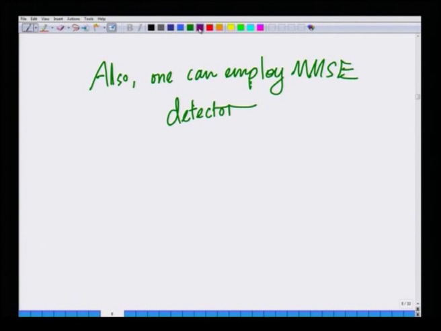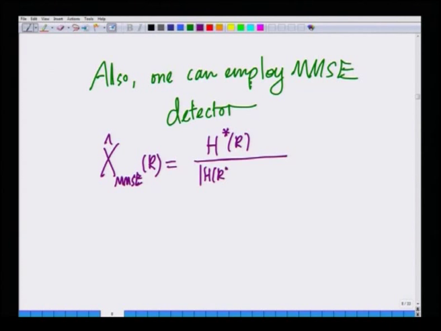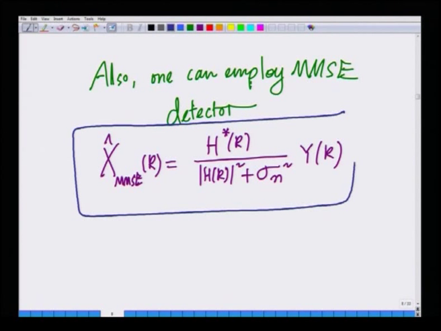It is the optimal detector, and the MMSE detector we already know: x hat k MMSE is nothing but h conjugate k divided by magnitude h k square plus sigma n square, multiplied into y k. This we have already seen is the MMSE receiver and it is optimal.